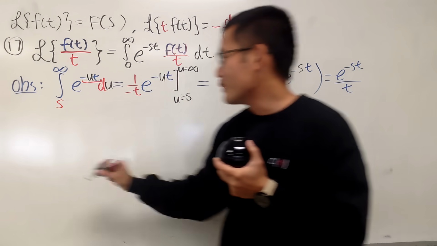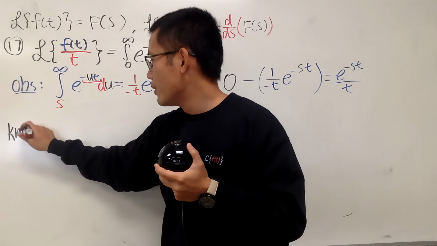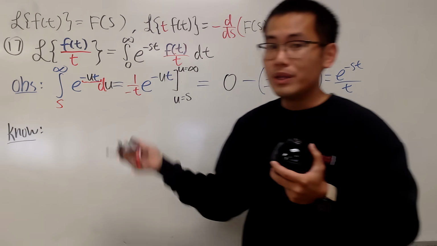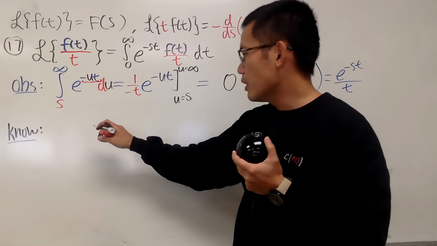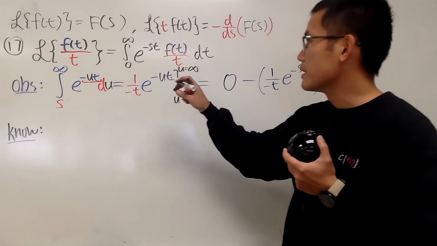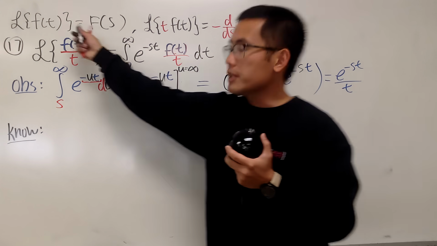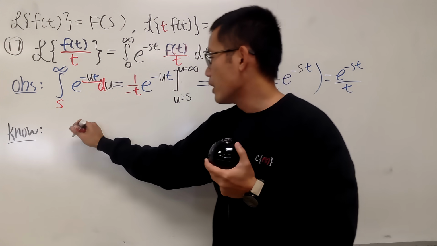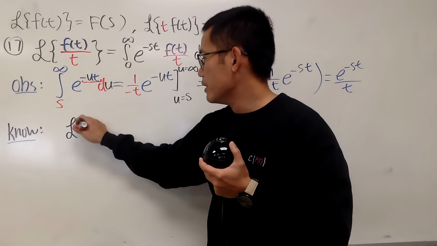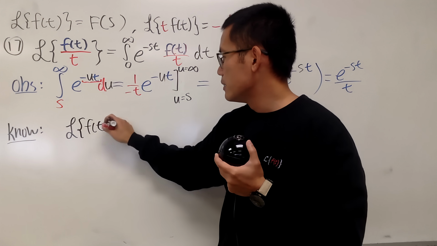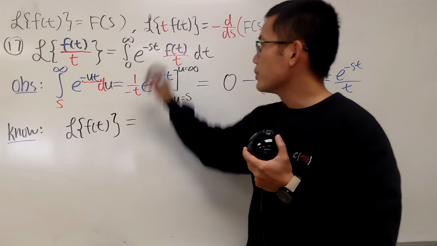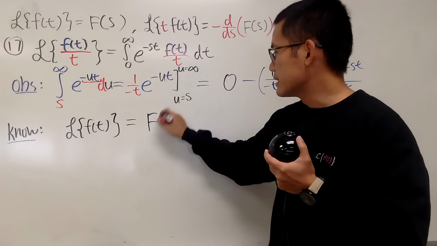It took us a while, but now this is what we know. Again, let me just write down the original. We know this, yeah? So we know the Laplace transform of f of t is equal to F of s.